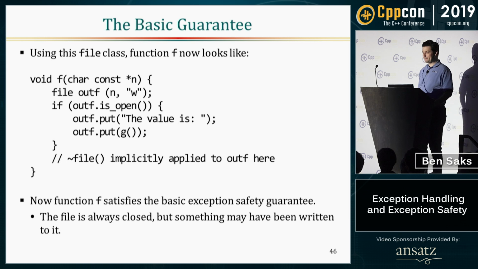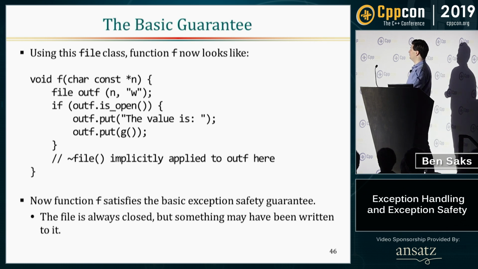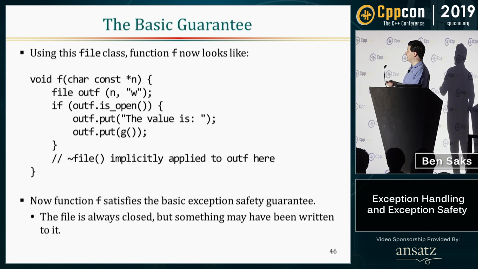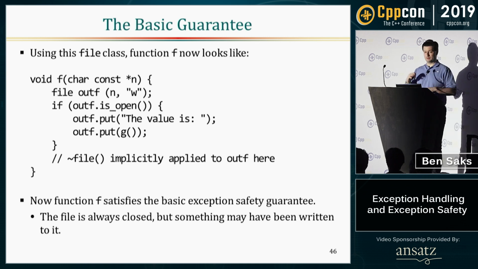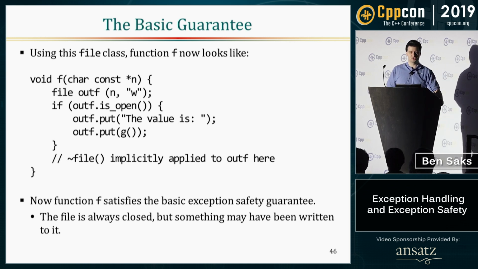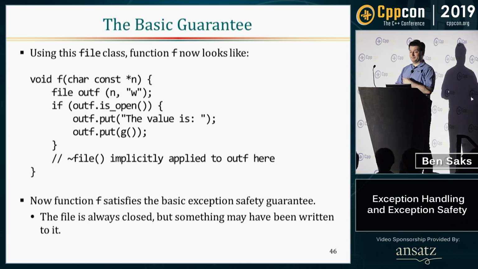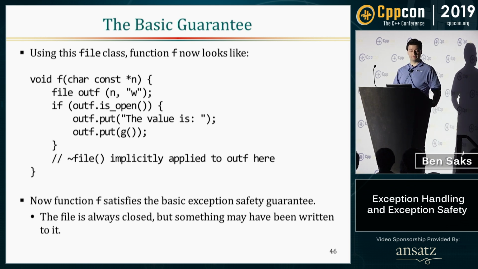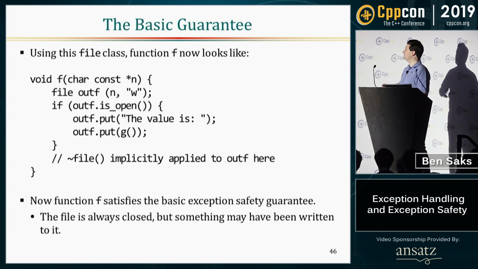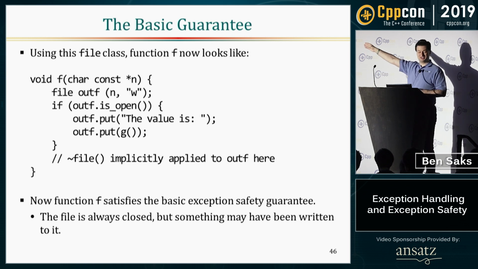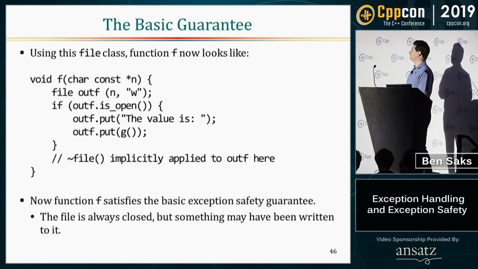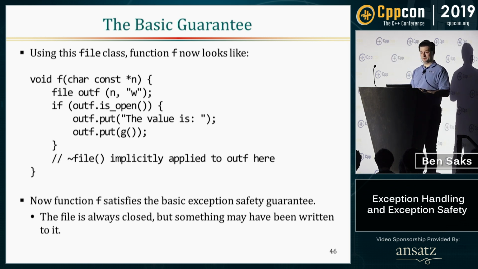Here we're using the version of the file class that uses isOpen rather than throwing an exception in the constructor. A lot of people might prefer to use the approach of throwing exceptions in a constructor, but for illustration purposes, I don't want to complicate the demonstration of how we respond to what happens if G throws by introducing the question of, well, but the file's constructor could also throw.